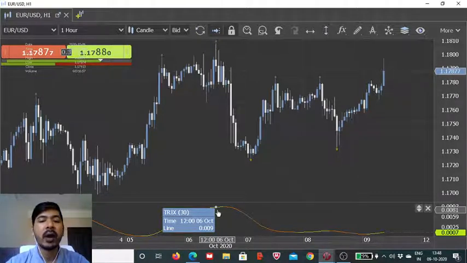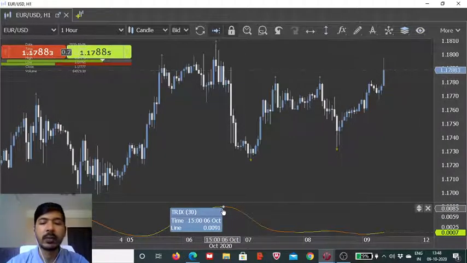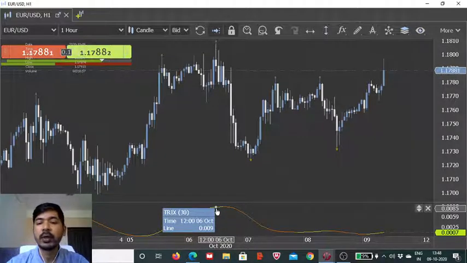But another way to use this indicator is when we see that after a substantial move in one direction, the momentum is now shifting, and though the output value is in positive territory, it starts to decline.